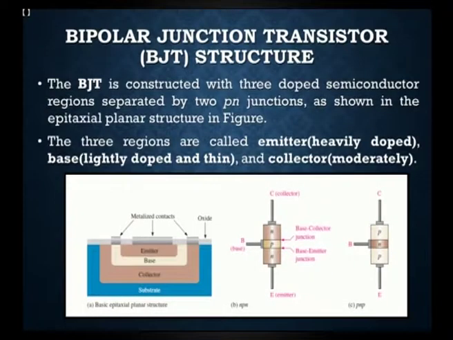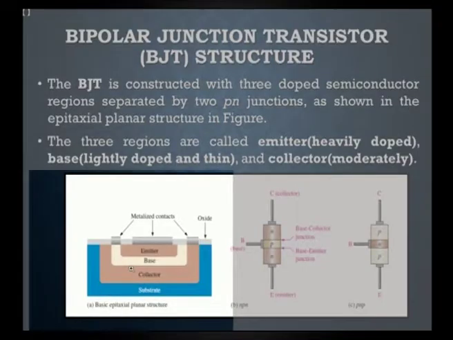The BJT structure consists of three layers. It has three terminals, named emitter, base and collector, and the doping is different for these three layers. The emitter is heavily doped, the base is lightly doped, and the collector is moderately doped.